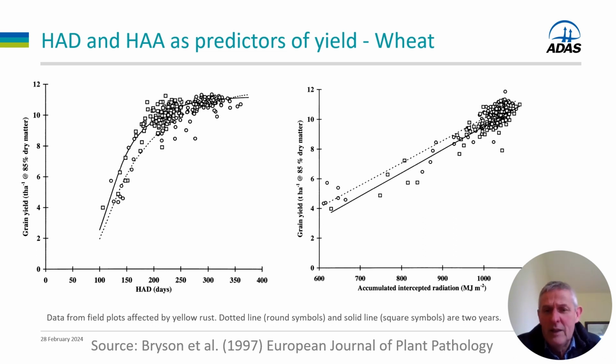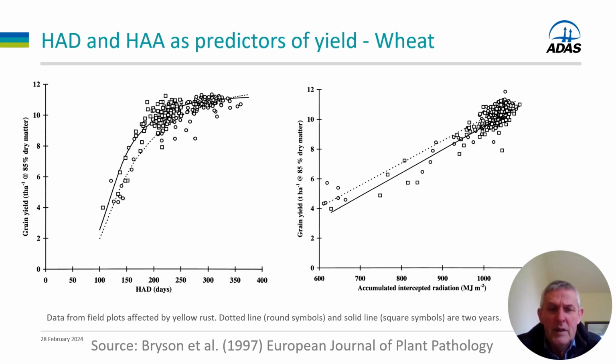In some cases for wheat, we have seen the top of this line start to plateau, but in the vast majority of cases where we've measured this, what we find is that there's a straight line relationship. The more healthy area absorption we have during that grain filling period, the higher the wheat yield.